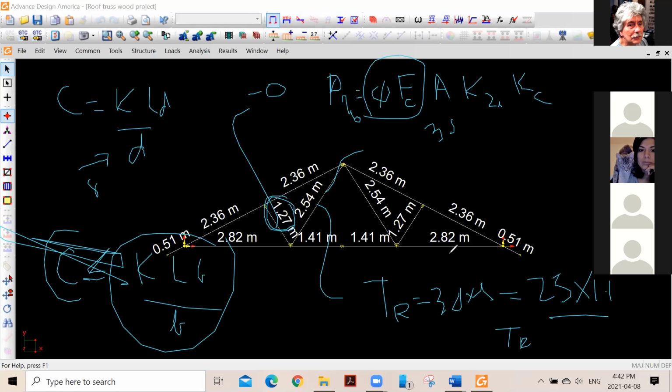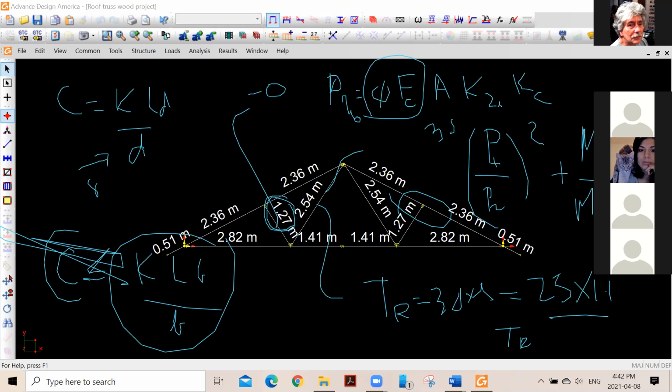Now, for this member here, you have to use the interaction equation: PF over PR, squared, plus MF over MR times the whole 1 over... Why is that the whole one different?